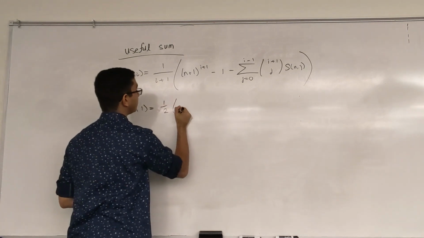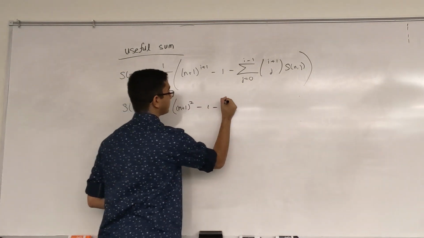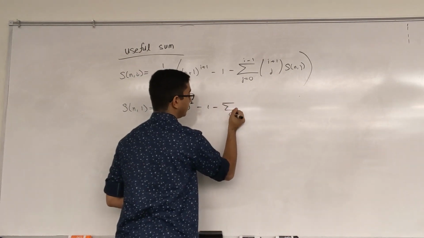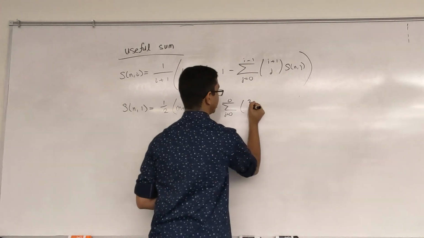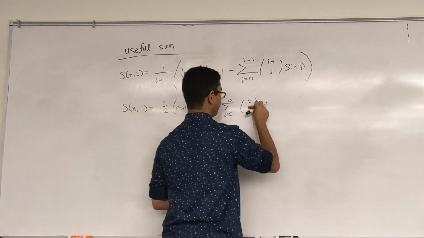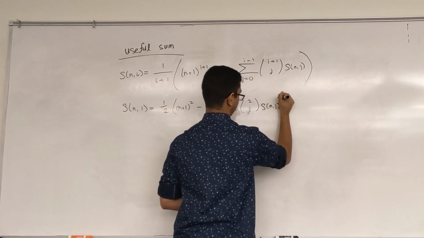So 1 over 2, times n plus 1 raised to the 2, minus the summation from j equal to 0 to 0 of 2 choose j, S of n comma j.